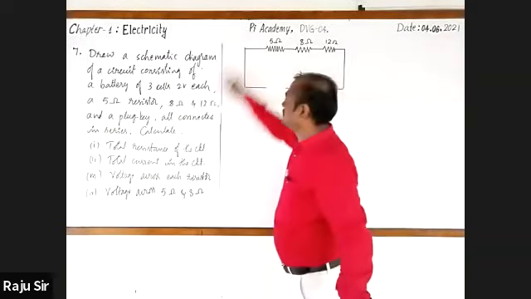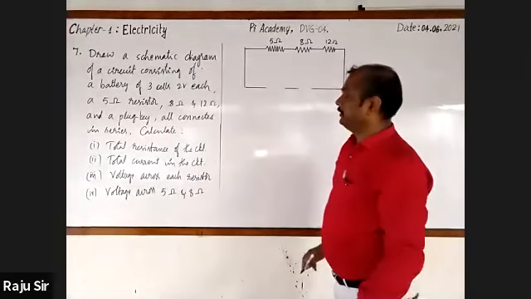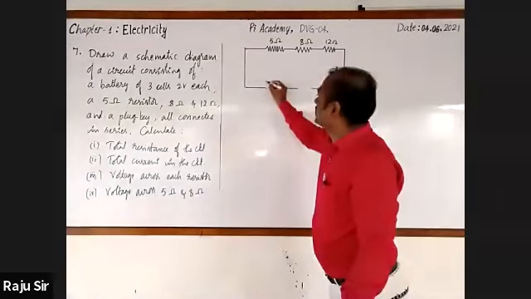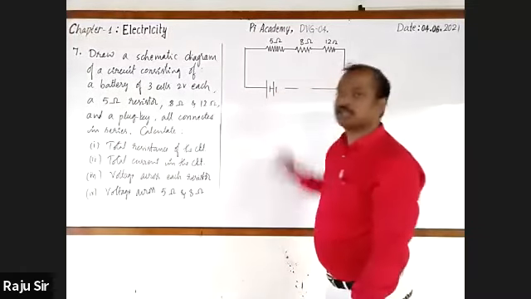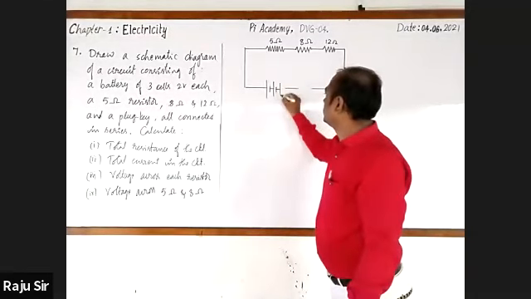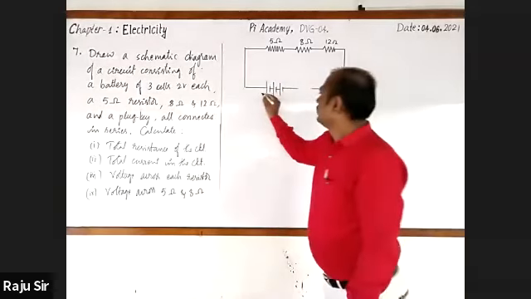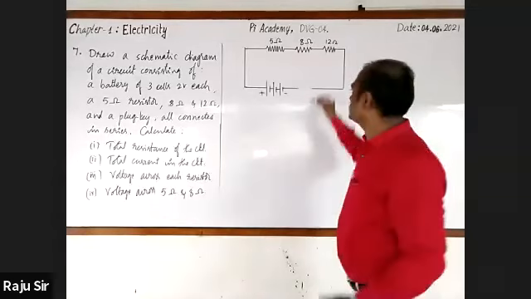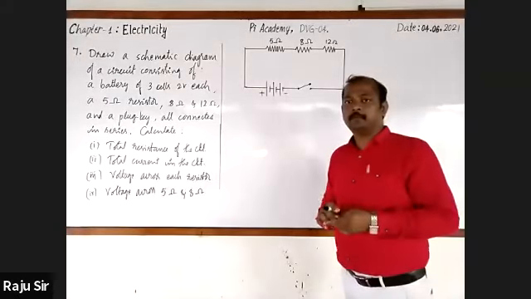Next, the battery. Total 3 cells are there. This is the first cell, this is the second cell, and this is the third cell. Show the terminals, positive and negative. Plug key is there. Or else you may just show the switch as well.